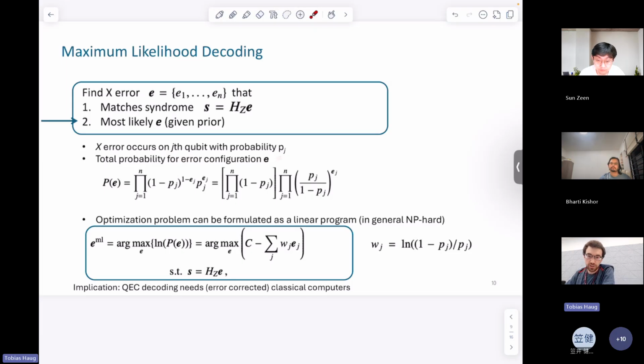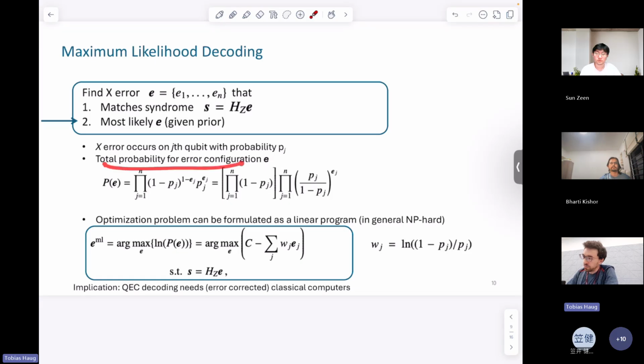So we need this information beforehand, which you can achieve by using, let's say, tomography or some kind of benchmarking. You need to characterize your system and figure out the probability of errors occurring for every possible error. So you need to learn about this somehow.